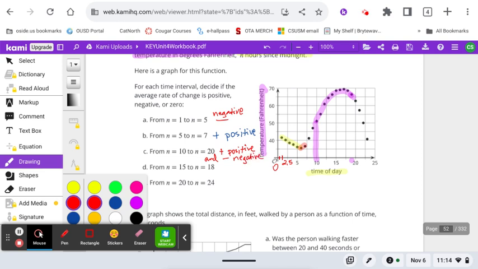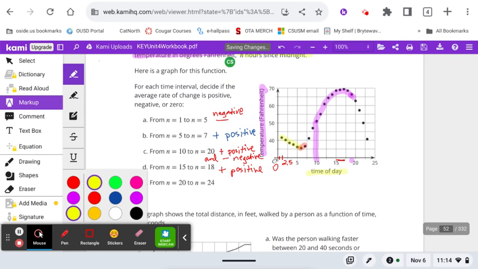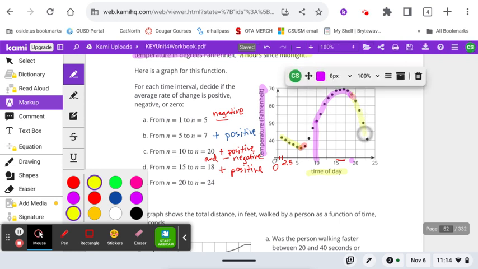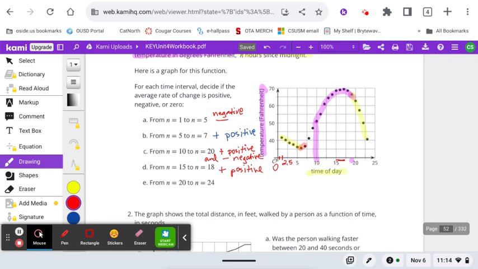Finally, from 15 to 18, that's the positive part. And then from 20 to 24, that's definitely negative. How'd you do?